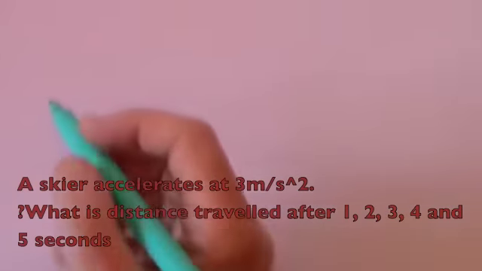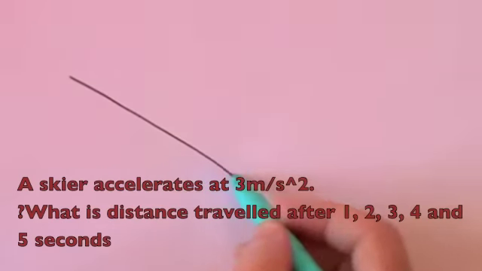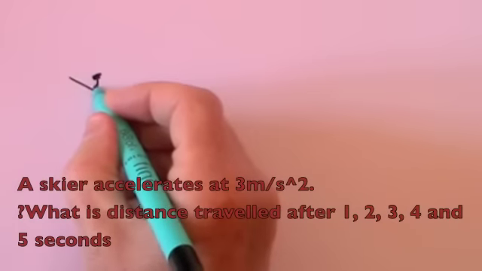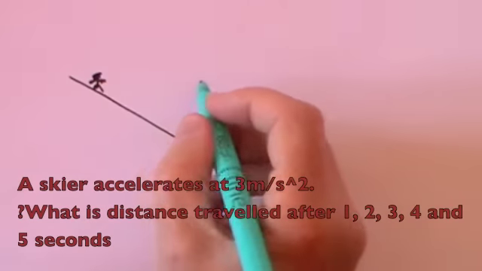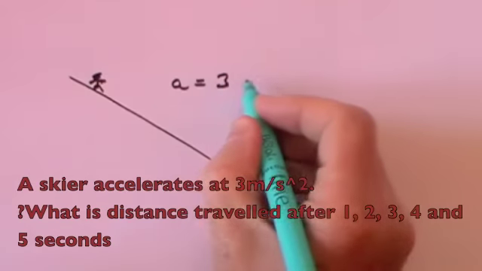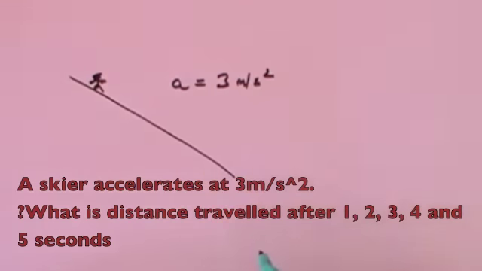Question 7. A skier is skiing downhill and is subject to an acceleration of 3 meters per second squared. And the question is, how far have they travelled from the initial starting point after 1, 2, 3, 4 and 5 seconds?